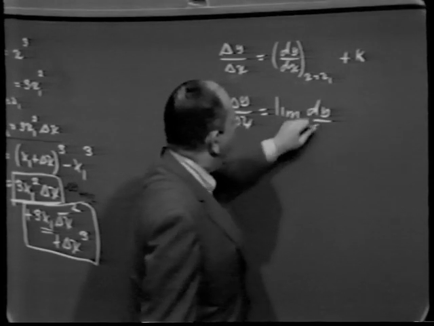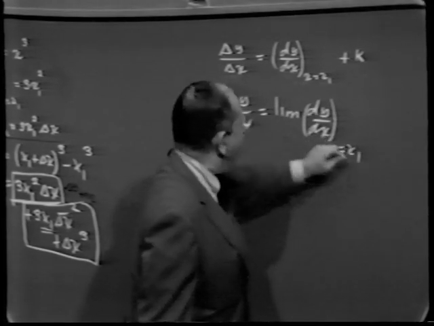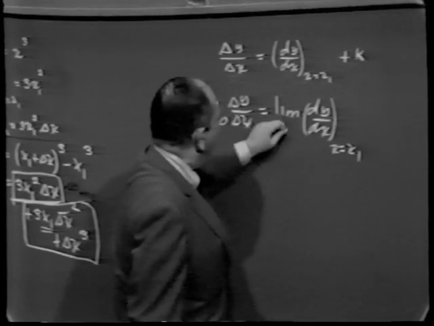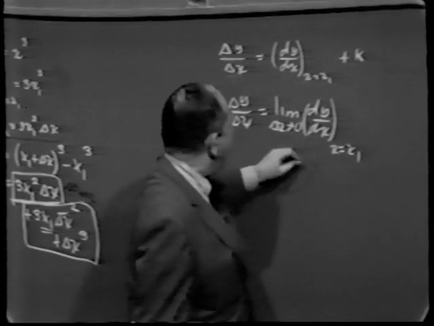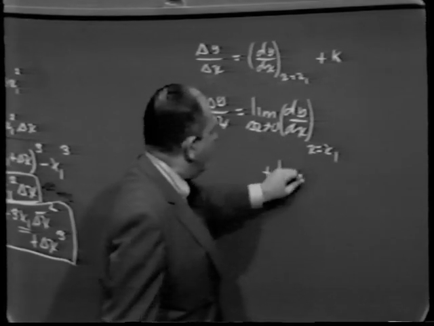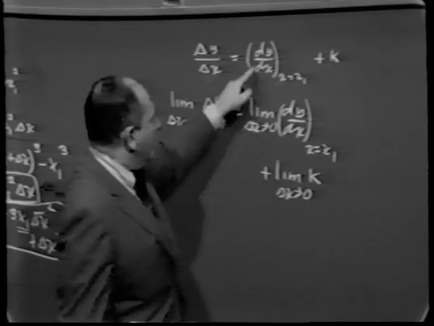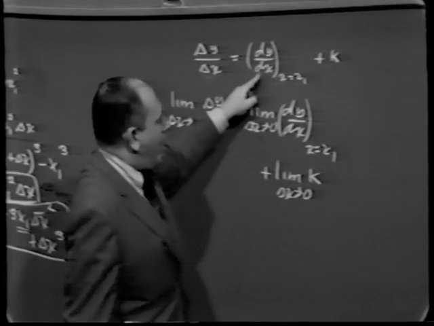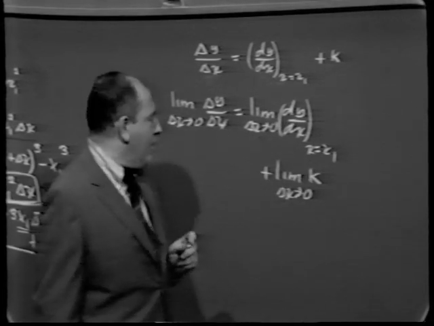The point being what? That the limit of a sum is the sum of the limits. So when I take the limit of this entire side, I can express that as the sum of the limits. It's the limit of this term as delta x approaches 0 plus the limit of this term as delta x approaches 0.